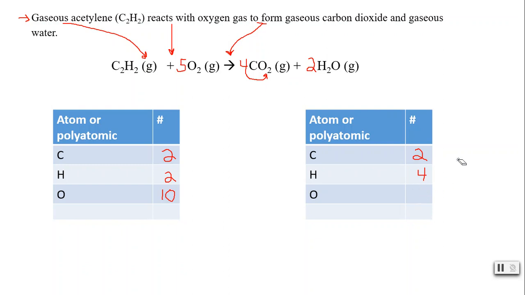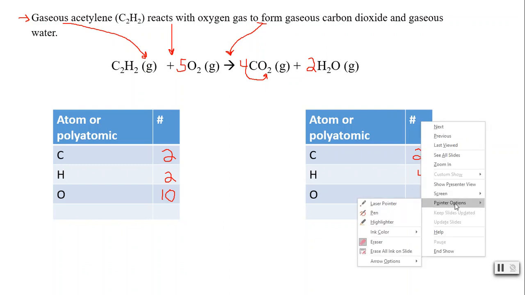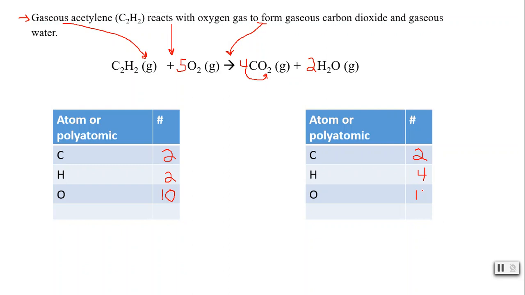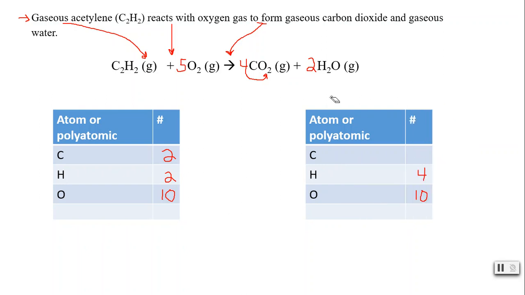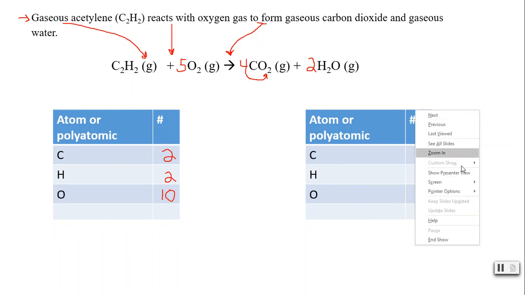So I'm going to change my table. And you may be saying, oh, but Mrs. LaPolla, you've changed your number of carbons. Yes, that's absolutely true. So I need to change my number of carbons in my chart. I need to change that to a 4.